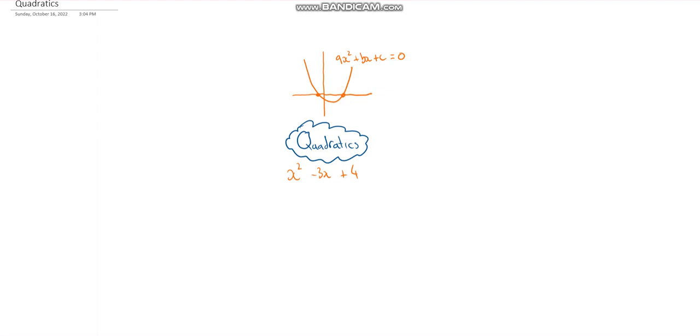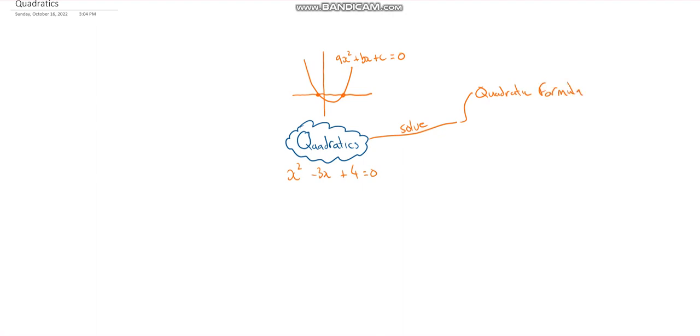So first of all, from last year, if we wanted to solve one of these quadratics, and in fact I'll just put that 0, if we wanted to solve a quadratic, we've got a few options. We could be using the quadratic formula, which always works. You will have to remember that now. You will not be given that.